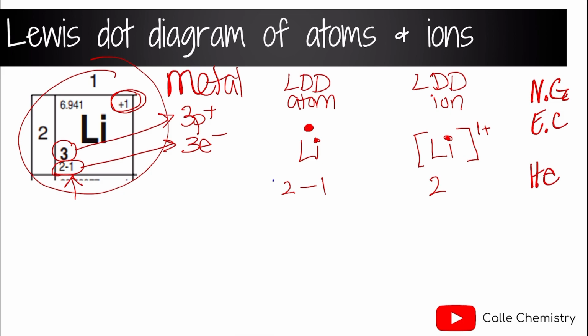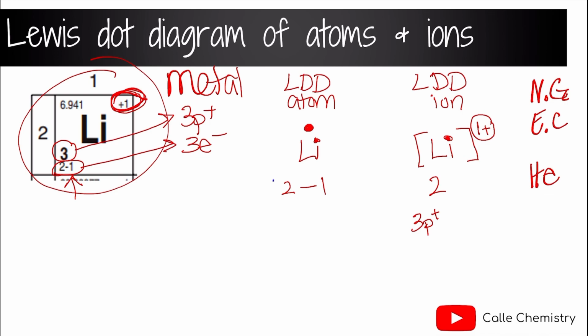Now, how did this charge come to be the charge of lithium? Instead of looking at this top right corner, let's do the math. So lithium has 3 protons. That will never change because if you change the number of protons, you're changing the identity of the atom. So the lithium ion still has 3 protons.